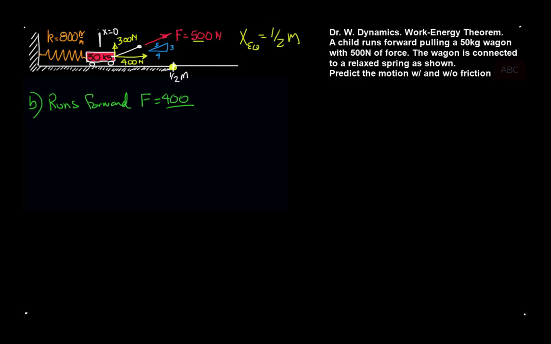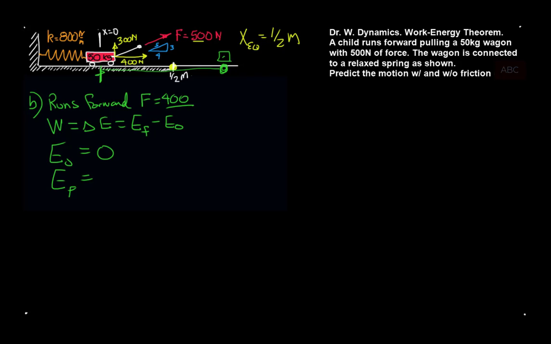Well, this is a classic example of a work energy theorem where we can define this. We can define the energy in the beginning, which would be here at 0, as 0. Nothing's happened yet. The spring hasn't been stretched. E final, we've pulled the wagon out some distance, and the wagon then stops out here.